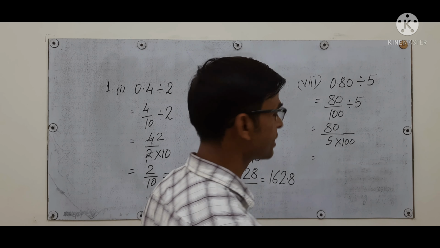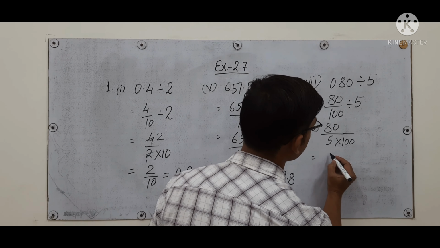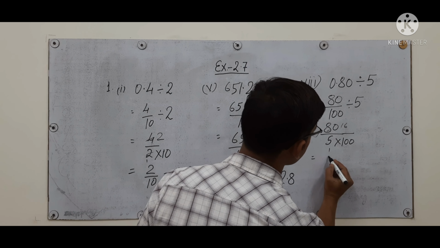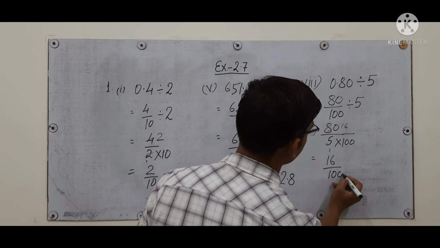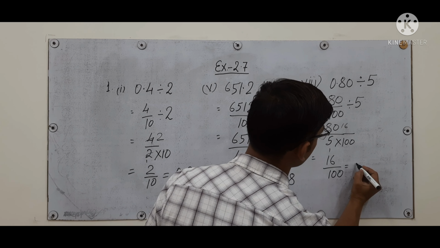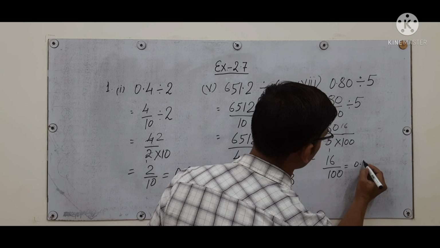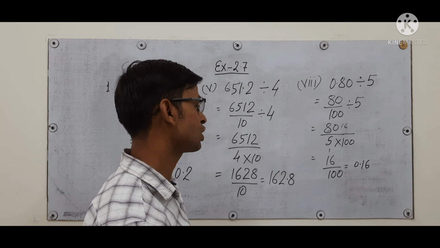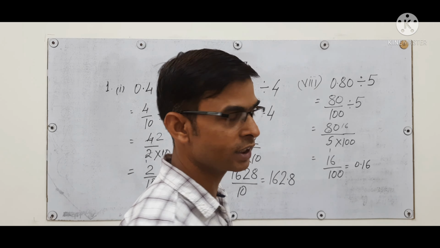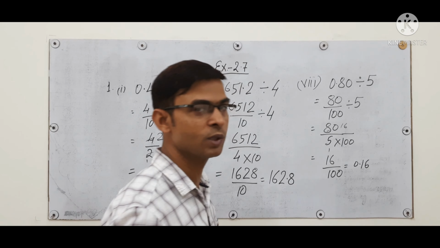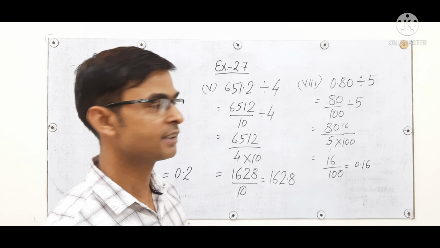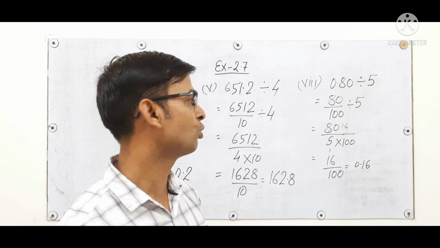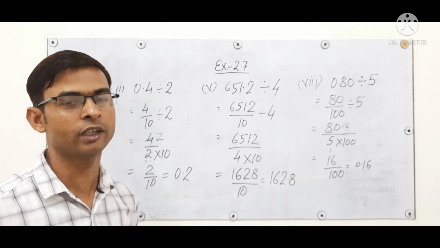Now we will express it in lowest form. 5 1s are 5, 5 16s are 80, so it will be 16 upon 100, or we can write it as 0.16. Here it is 100, so we will put the decimal after 2 digits. So here it will be 0.16. You can see these are also easy questions, and this part you will do on your own. If you want, you can note it from here.